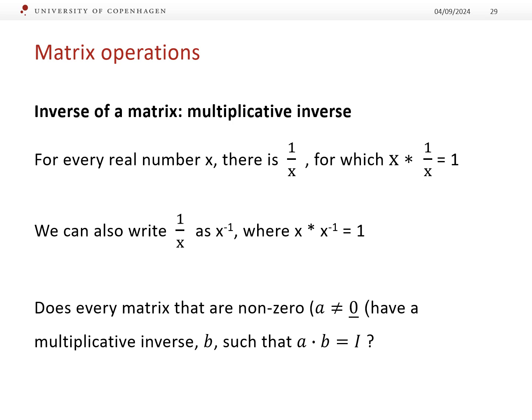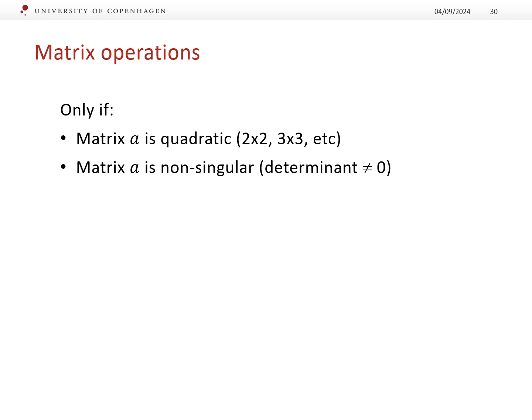So does every non-zero matrix have a multiplicative inverse B such that A times B returns the identity matrix, which is the matrix corresponding to the number 1 in multiplication? Well, that element will exist only if matrix A is quadratic, so like 2 by 2, 3 by 3, etc., and matrix A is non-singular, meaning that its determinant is different from 0.